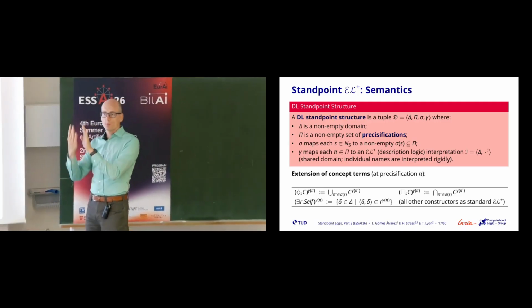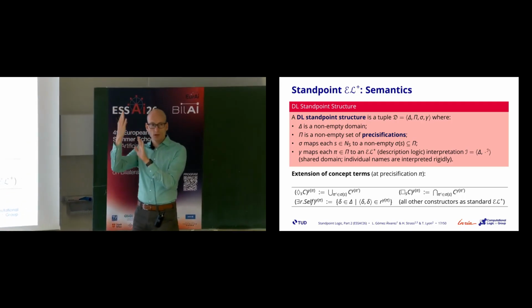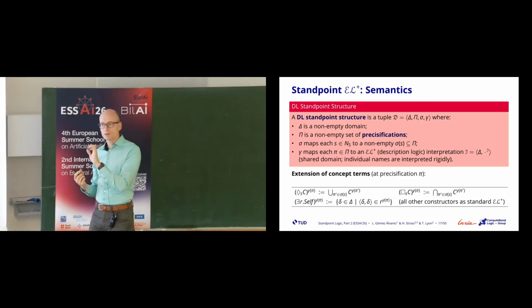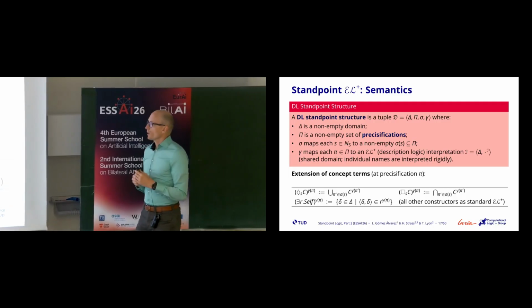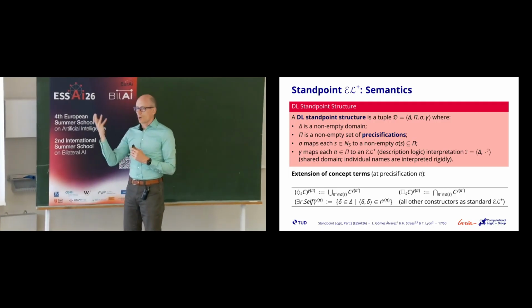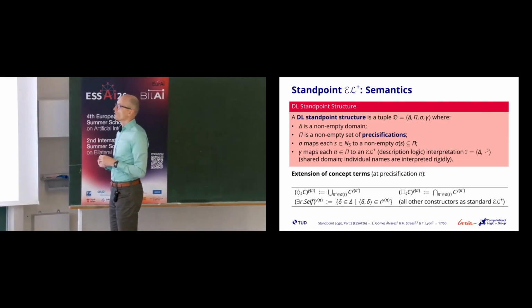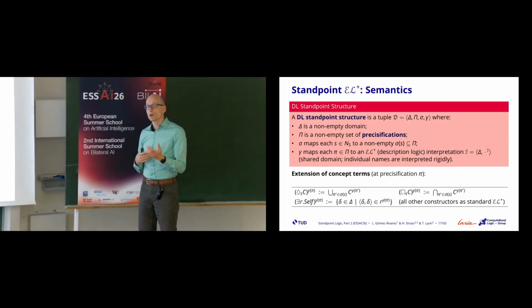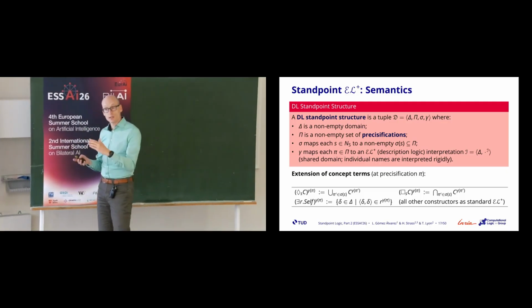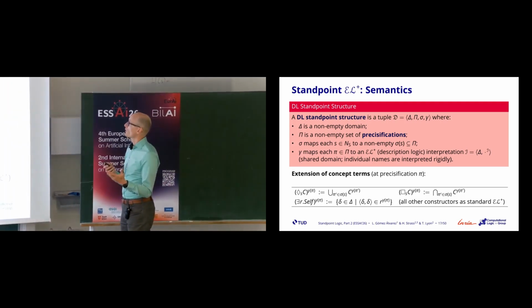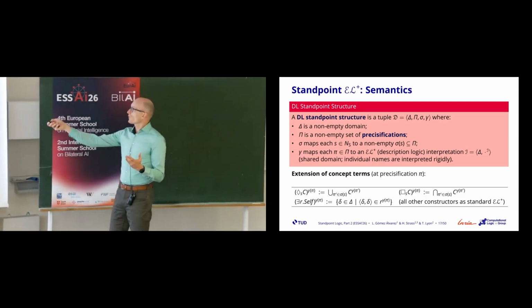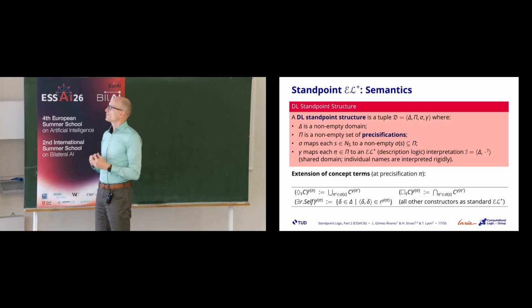Right? So we have one dimension for the standpoint names, where we have the precisifications. And we have another dimension where we have these individuals, right, that exist in all of the precisifications, but that might have different properties in different precisifications. Right? And this is reflected in this formal definition of such a structure.